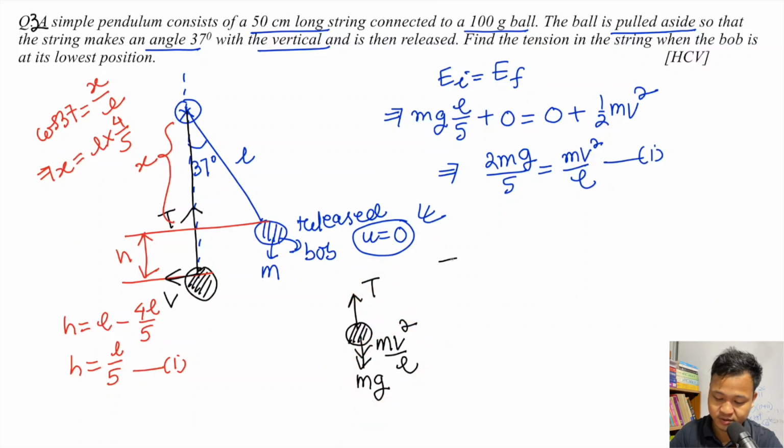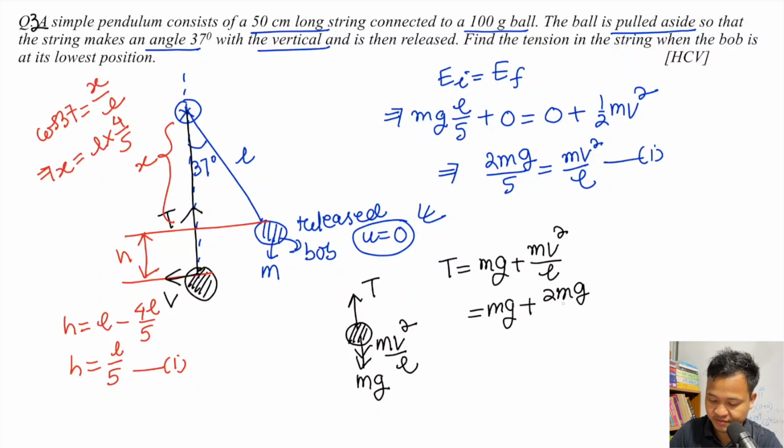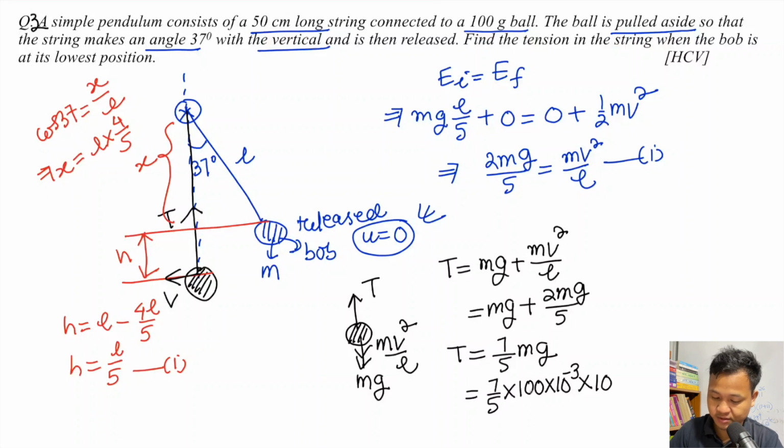So T is equal to mg plus mv squared divided by L, which is mg plus 2 by 5 mg, so this is equal to 7 by 5 mg. The question gives the mass and the length, so you put those values here. 7 by 5 into mass, which is 100 gram, 100 into 10 power minus 3, into g, which is 10. The 1000 and 10 power minus 3 get cancelled out.